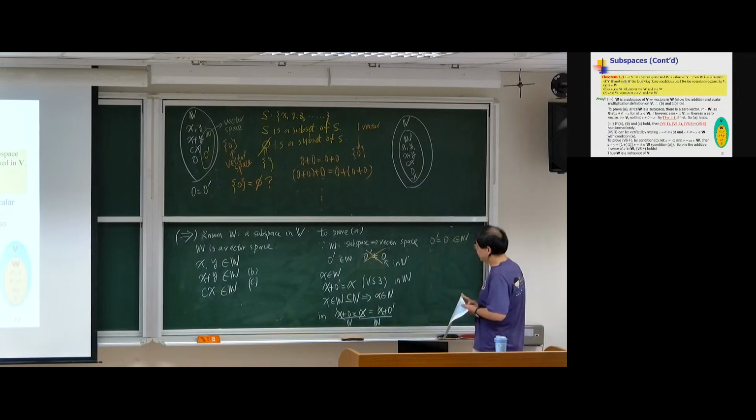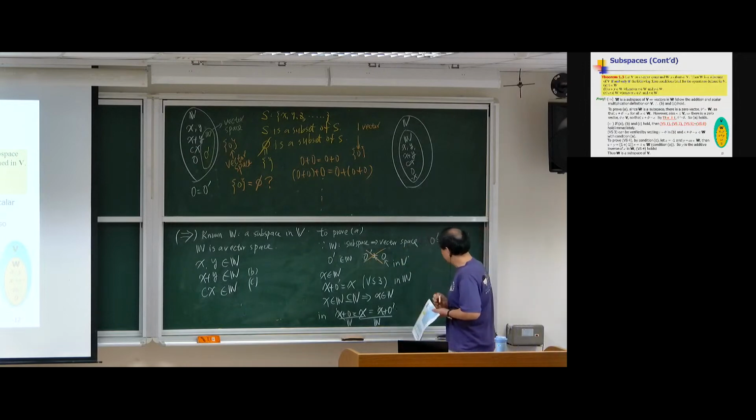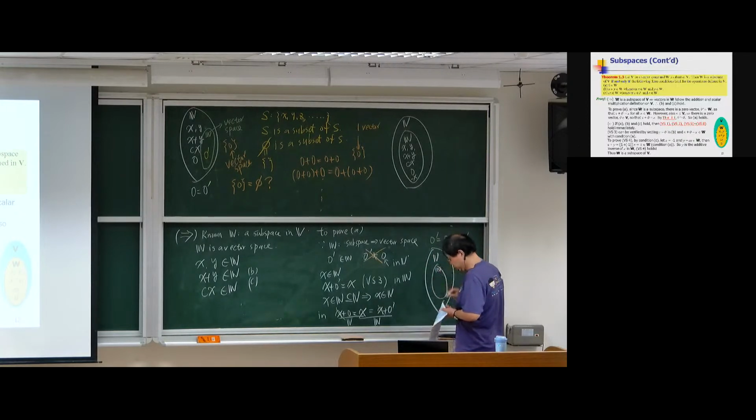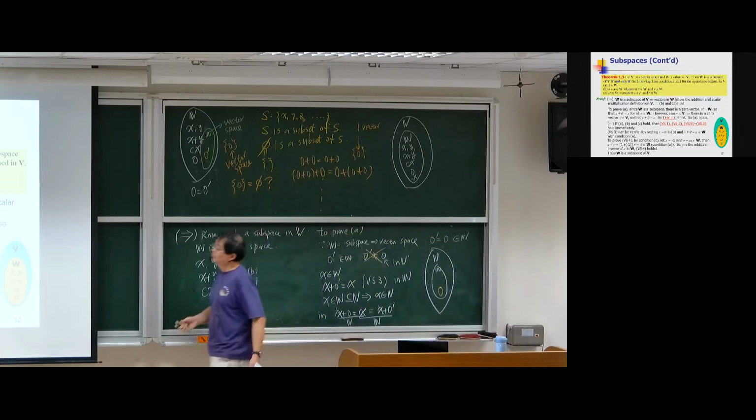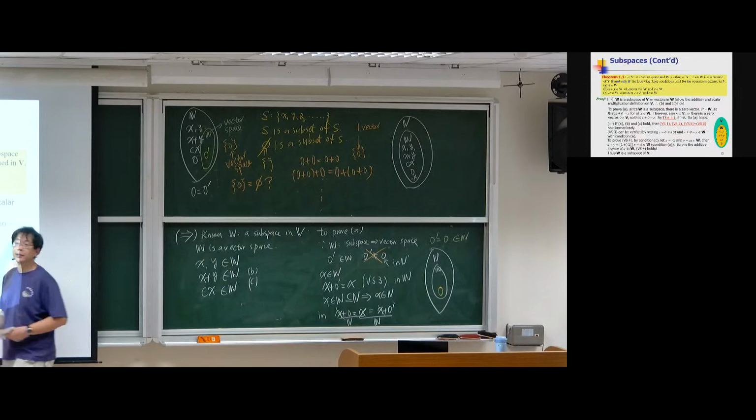So which means that in this vector space, V and W, the 0 vector is common in both subspace W and the vector space V. Okay, so here we prove it from left-hand side to right-hand side.